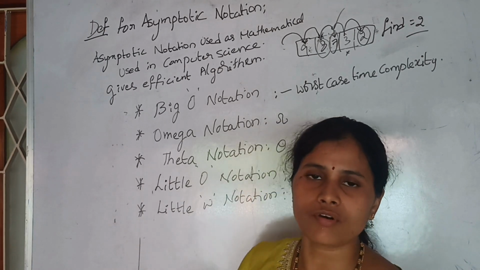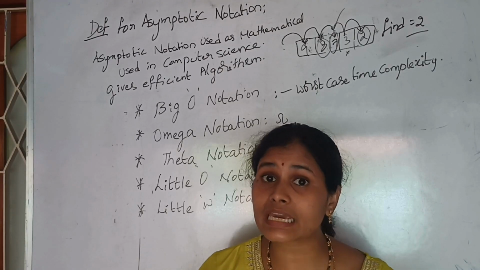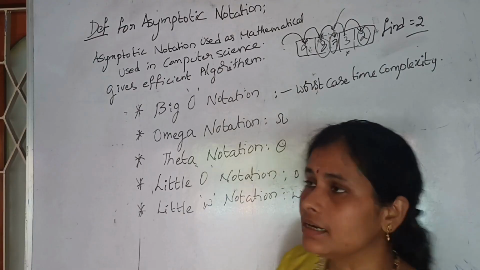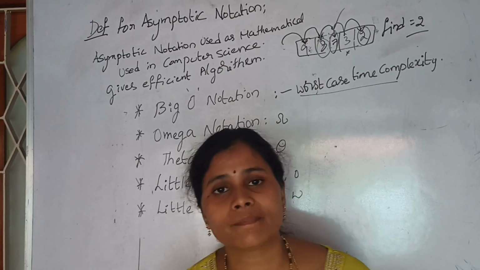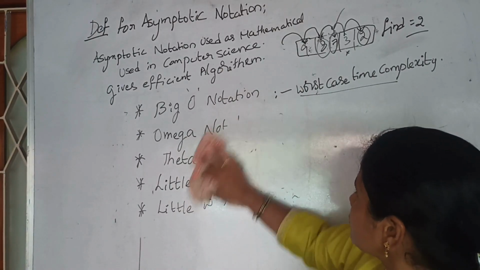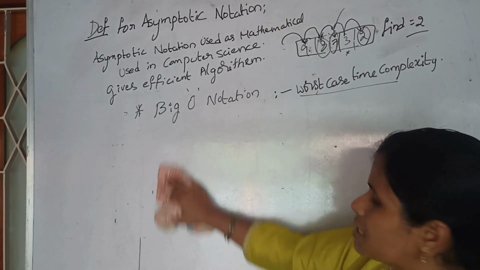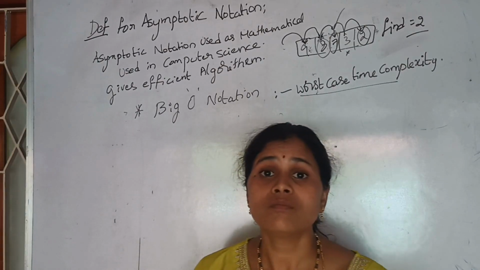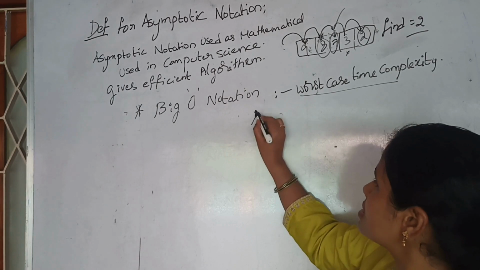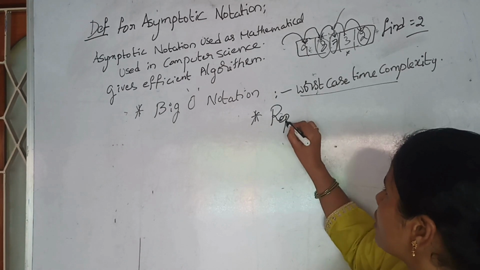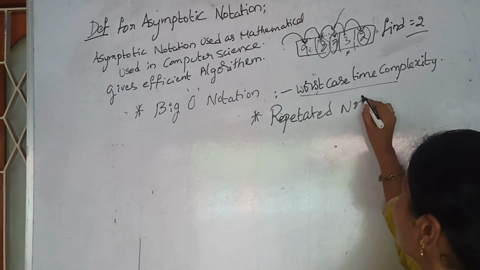So in big O notation we use worst case time complexity, and it gives an efficient result. Most probably, compared to all the other notations, we are using big O notation. This is a repeatedly used notation.